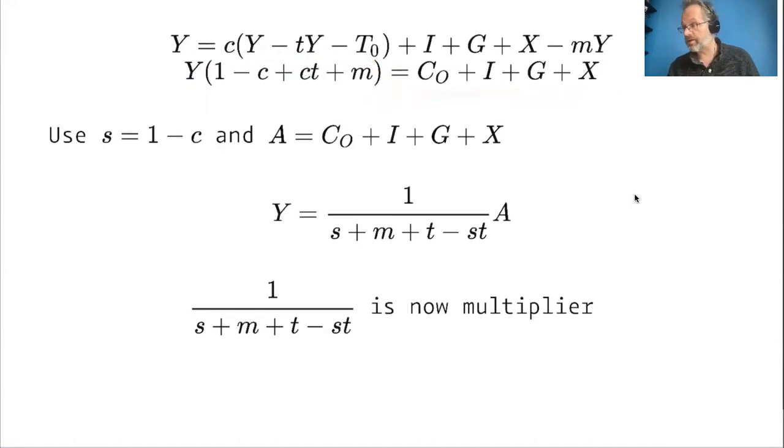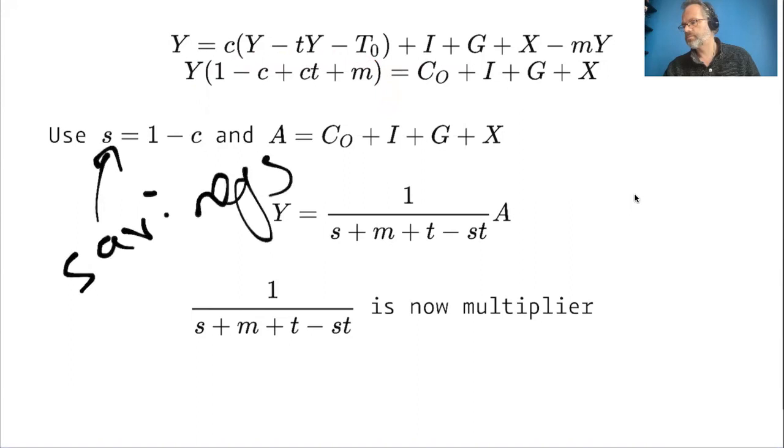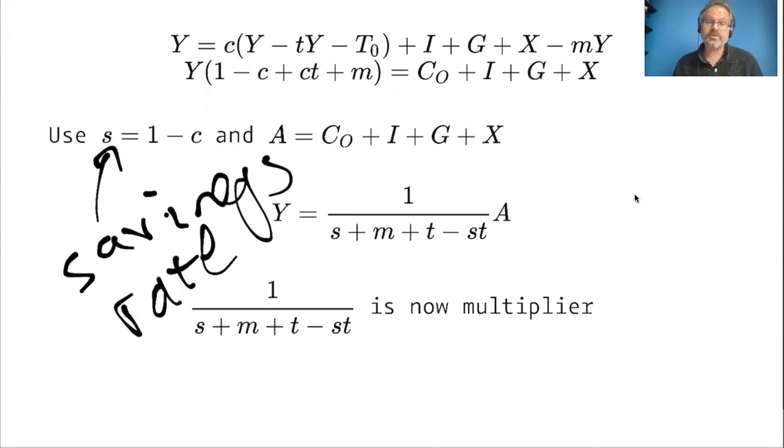Autonomous meaning not connected to current income. So now we'll call the savings rate little s. It's also marginal. And that's just 1 minus C. Disposable income is either consumed or saved.